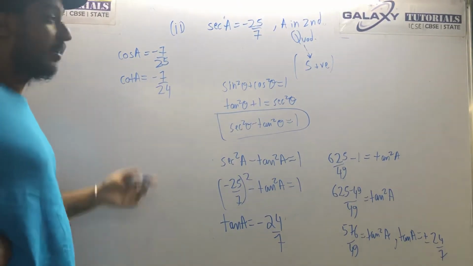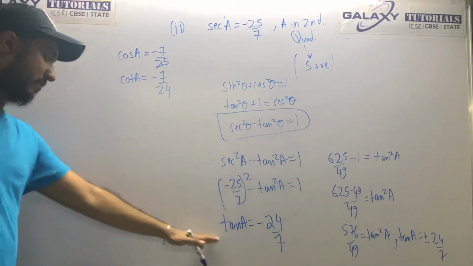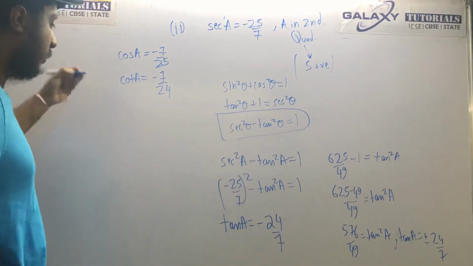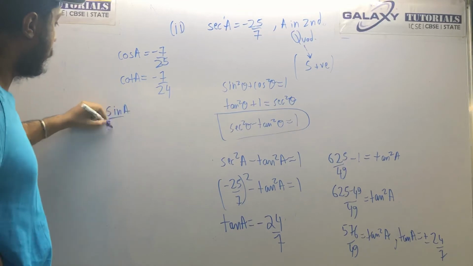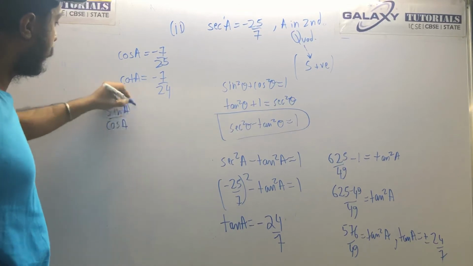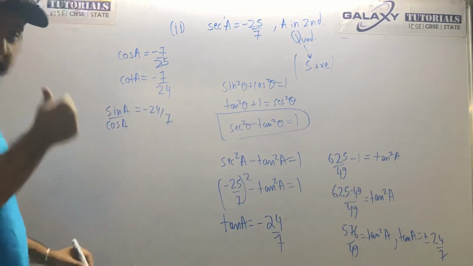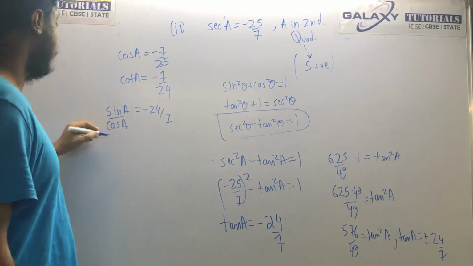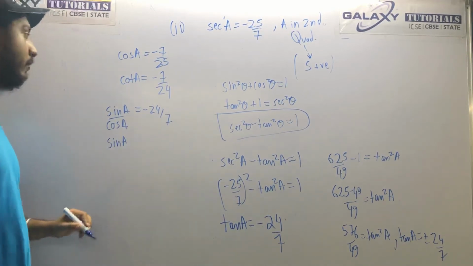Sin A. How will you find sin A? You know cos A. I will show you with this method. Tan A is equal to minus 24 by 7. So tan A can be written as sin A upon cos A is equal to minus 24 upon 7. Now in this one you know the value of cos A. Cos A is minus 7 by 25.